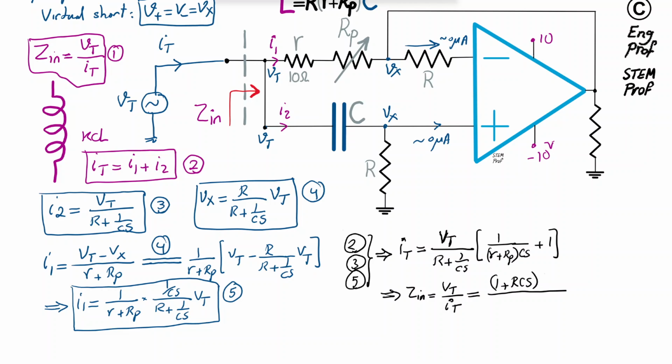Again, in the numerator we also have R plus Rp, and in the denominator, just to make sure I'm not making a mistake here, it will be 1 plus R plus Rp times Cs. Okay, so what is the outcome? We found the closed form formula for the input impedance of this circuit, and it doesn't exactly look like an inductance.